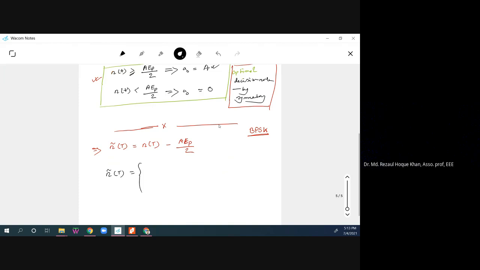For case 1, if A0 equals A, this becomes A E_p by 2 plus N tilde. And if A0 equals 0, this becomes A minus A E_p by 2 plus N tilde.